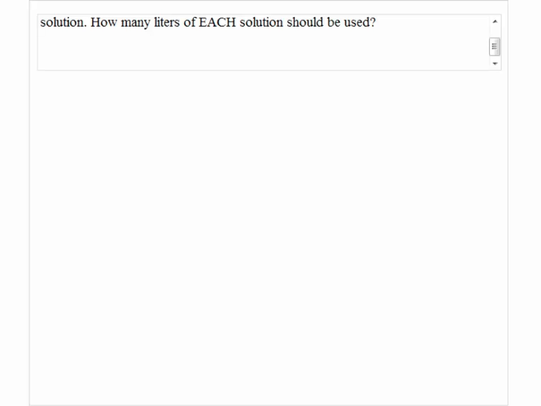A 40% acid solution is to be mixed with a 60% solution to get 100 liters of 55% solution. How many liters of each solution should be used? Since we are mixing two kinds of solutions, we're going to use beakers to explain the whole solution.